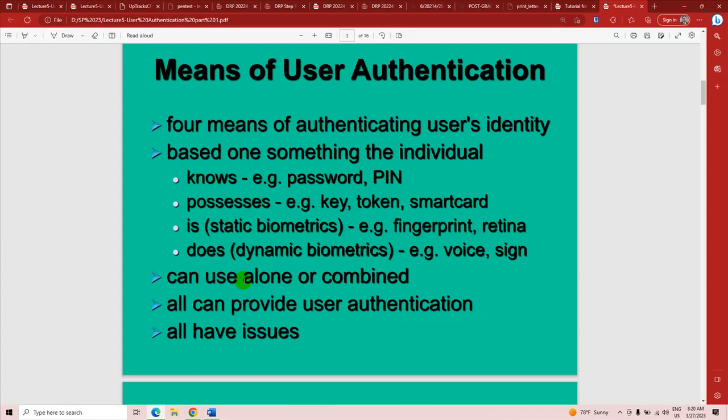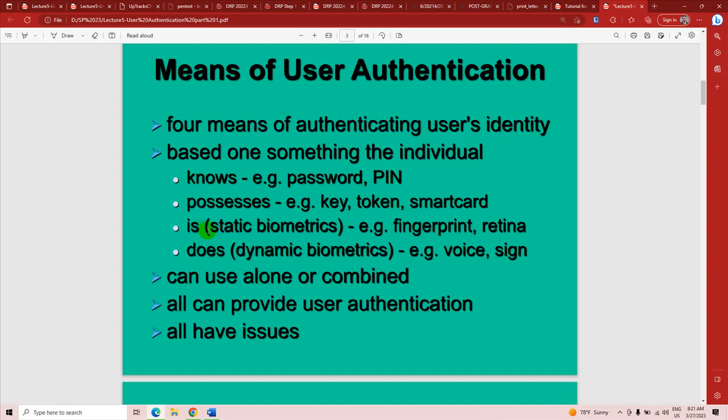So these are the different types of authentication. Something we know, what we remember in our mind, like password, pin number. If we forget the password or the pin number, it would be difficult for us to log in. Then something we possess, like keys created using symmetric encryption algorithms, asymmetric encryption algorithms, and token and smart cards.